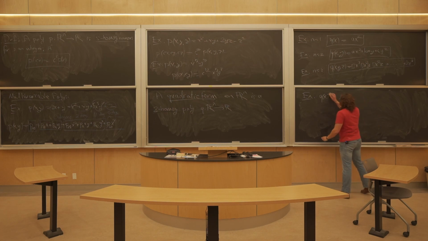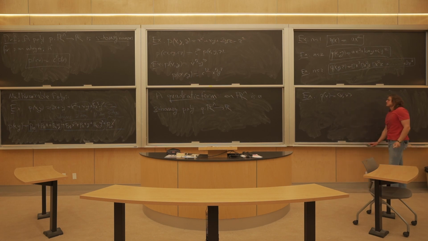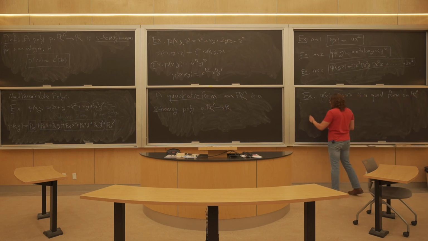So Q of v, v against v, is a quadratic form on Rn, and so is the Minkowski form.